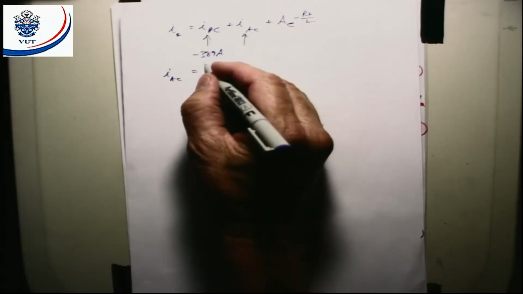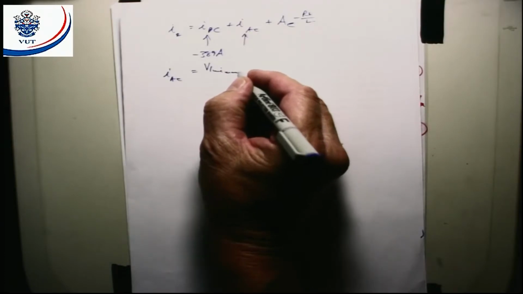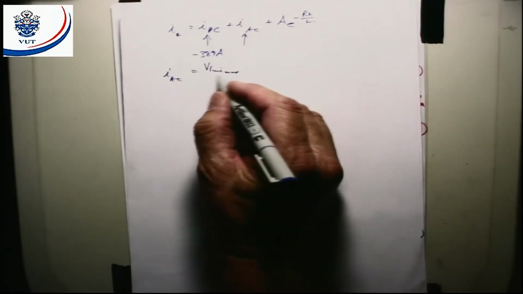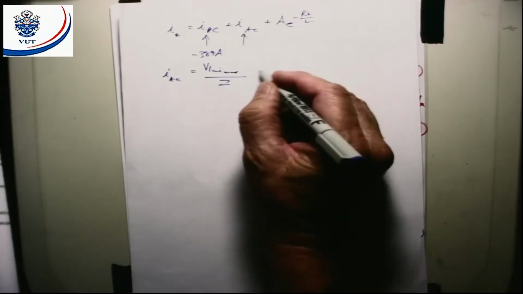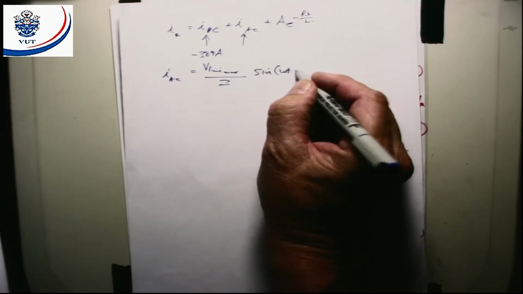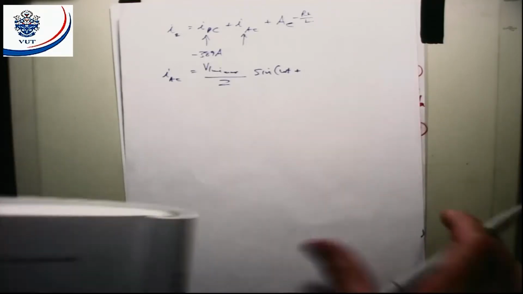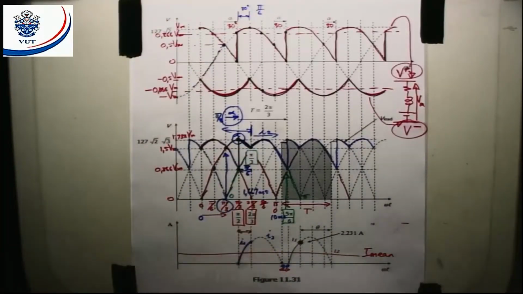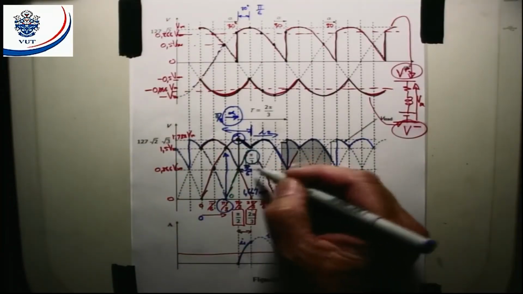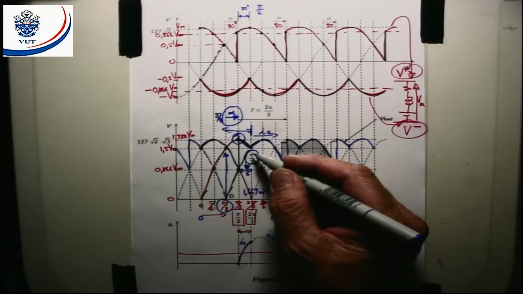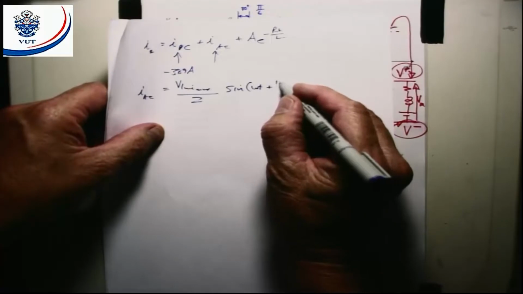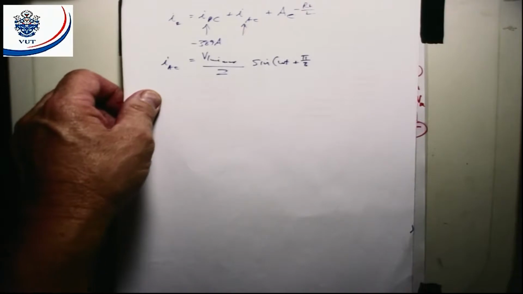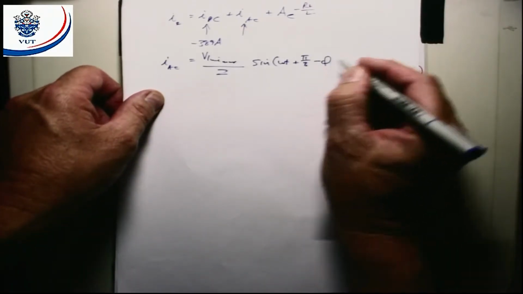It has got different limits. There is no alpha. So we will have V line max divided by Z, and then sin omega t. There is no alpha. We have to check where it starts. It starts off at pi over 3 plus pi over 3 and then minus phi.